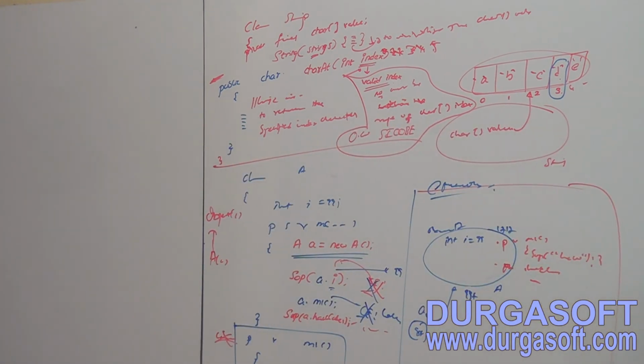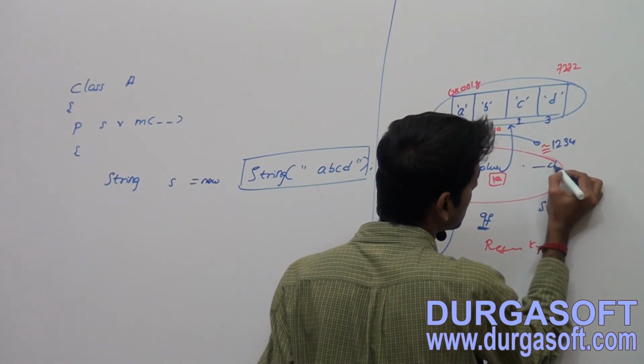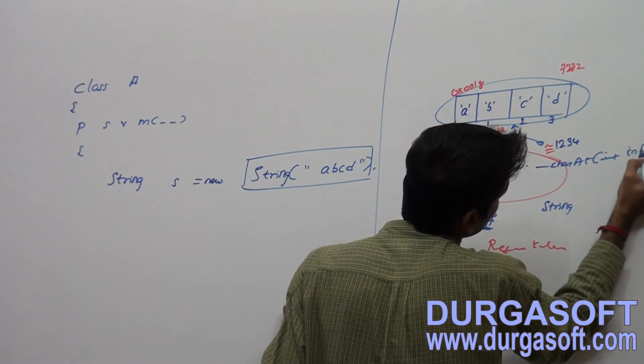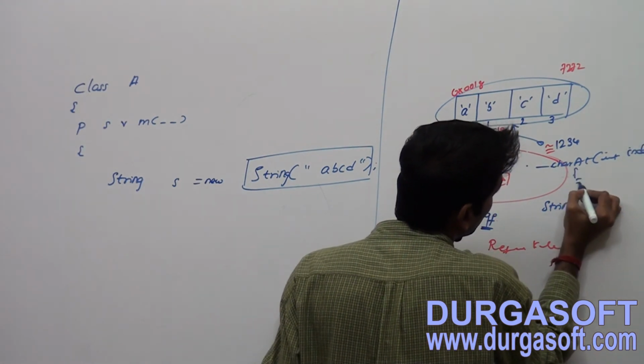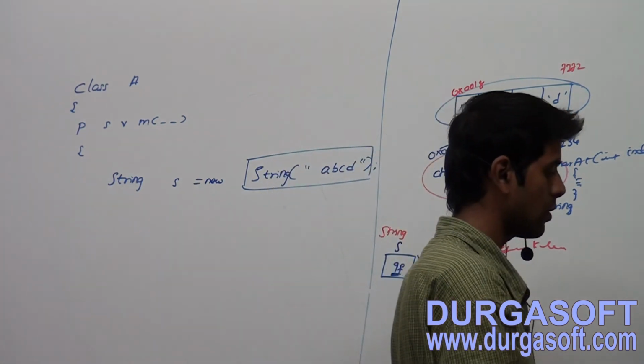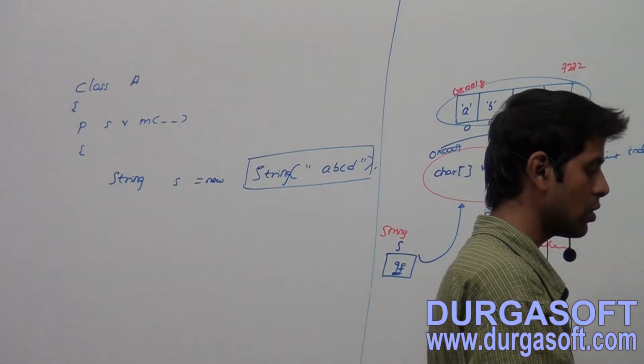Now the charAt method will be available with some return type, charAt(int index). Now observe this part.